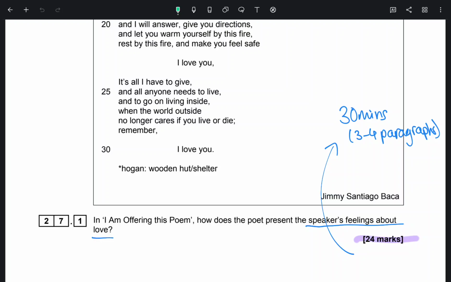Now, if you have watched that video, do let me know in the comment section below, because I am curious to find out how many of you have watched it and found this helpful. So the acronym or the cheat sheet that I've covered is something that you can use for any unseen poetry question, regardless of your exam board.